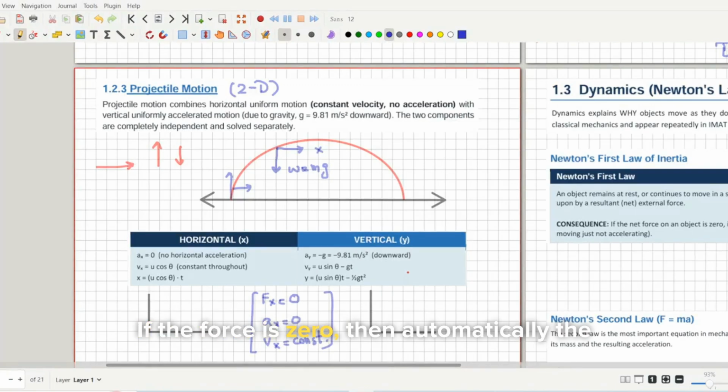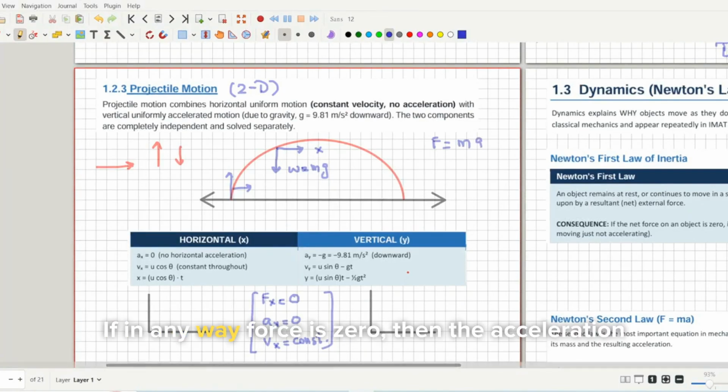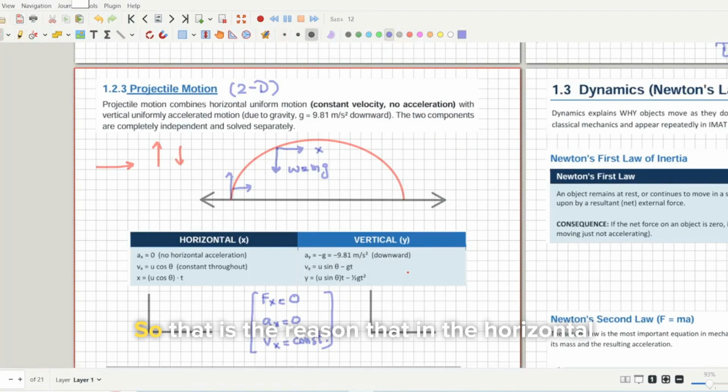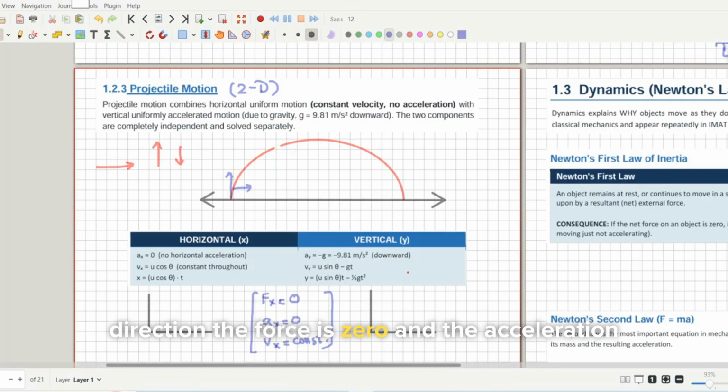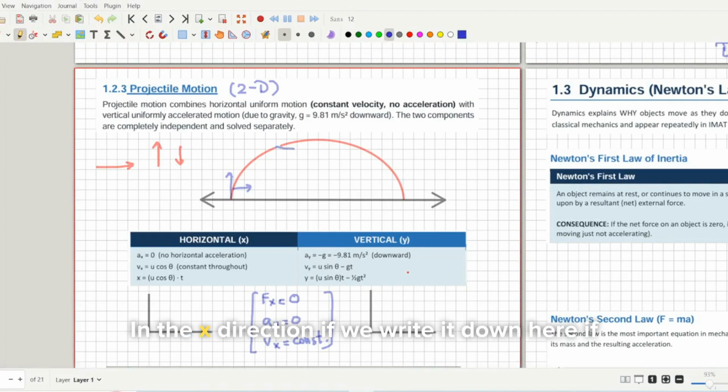If the force is 0, then automatically the acceleration is 0, because you know the formula F equals ma. If in any way the force is 0, then the acceleration becomes 0 automatically. So that is the reason that in the horizontal direction the force is 0 and the acceleration is also 0. What about the velocity in the x direction?